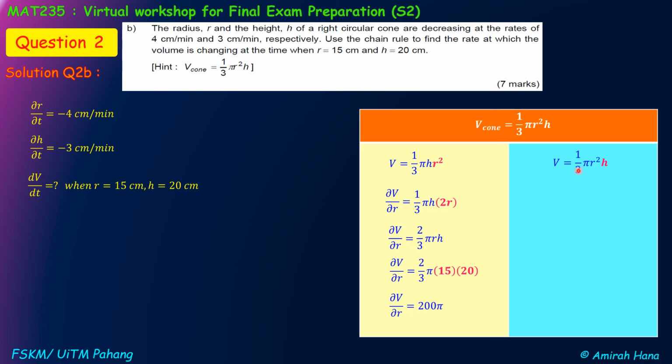To differentiate v with respect to h using partial derivative, we have del v over del h equals, we just write this constant 1 over 3 pi r squared and then we differentiate h with respect to h, which equals 1.